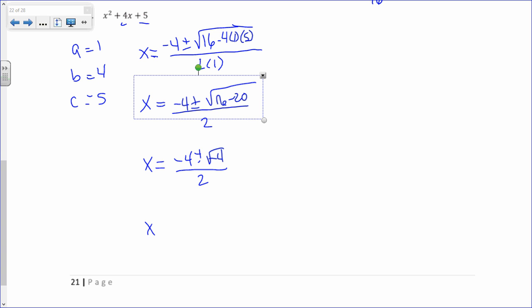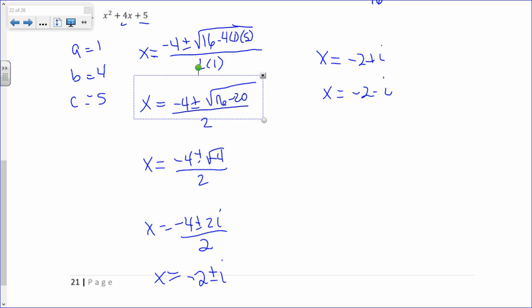So we'll have x equals negative 4 plus or minus 2i over 2, and that simplifies to negative 2 plus or minus i. So to actually write that in factored form, that would be looking at each individual root. x equals negative 2 plus i, and x equals negative 2 minus i.